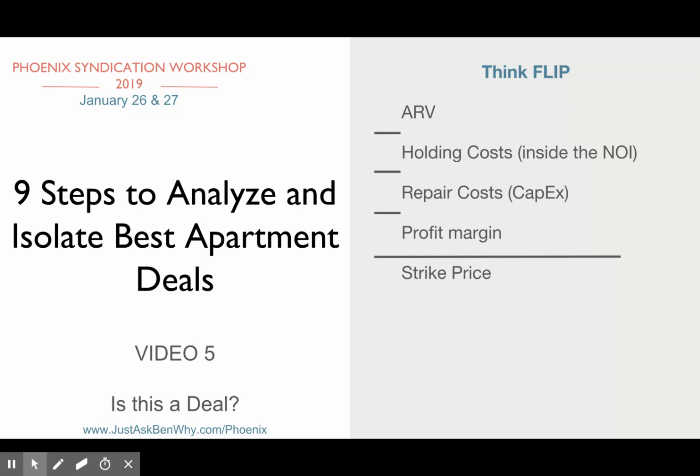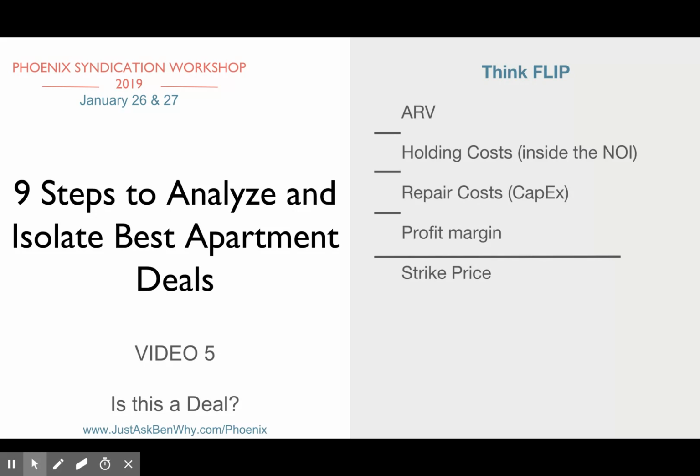First step in a flip is we define the after repair value, right? Then from that, we subtract our holding costs. From that, we subtract our repair costs. From that, we subtract our profit margin. And what we arrive at is the strike price, which we can afford to pay, right?